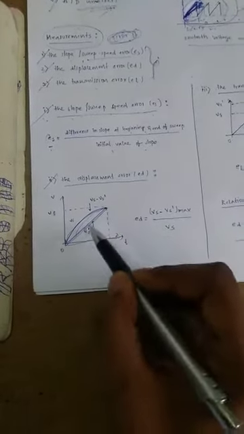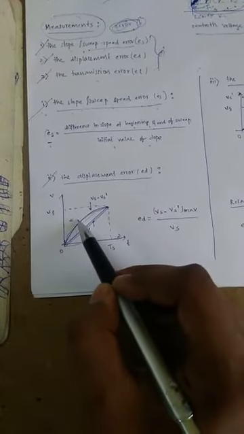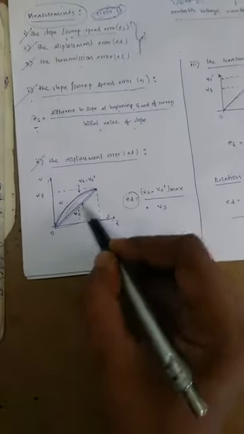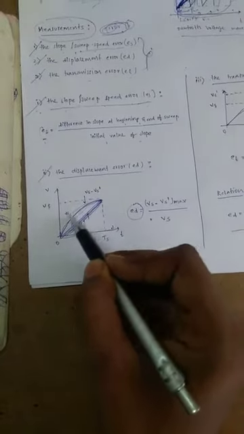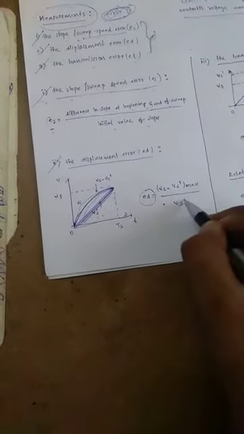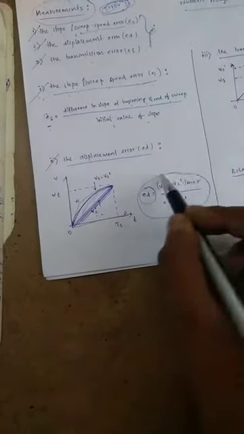The maximum difference between the linear sweep voltage and the non-linear sweep voltage, divided by the linear sweep voltage, gives us the displacement error.